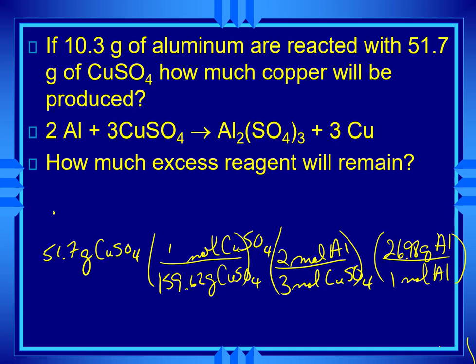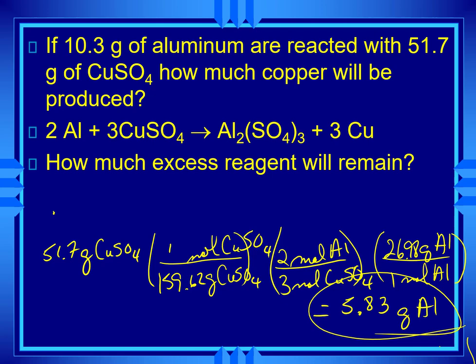So 51.7 divided by 159.62 times 2 divided by 3 times 26.98 equals 5.83 grams of aluminum. And you circle that.